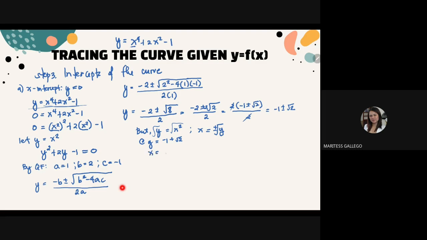X now is equal to the square root of, ang y natin is negative 1 plus the square root of 2. Okay, can you give me the value? So dalawa yan, plus and minus. Decimal, kung decimal.